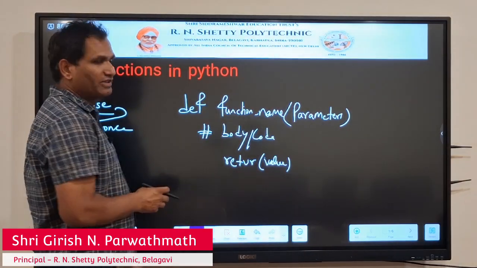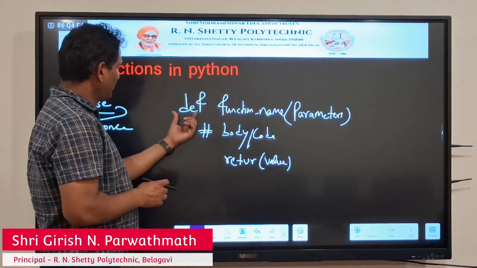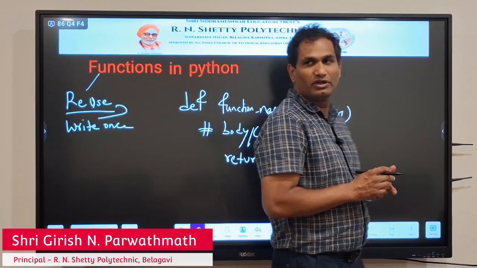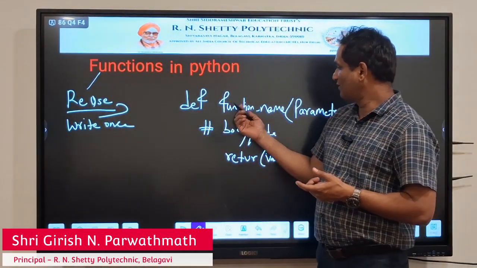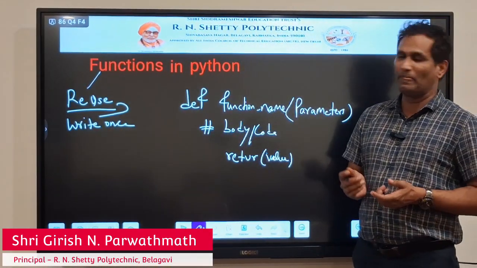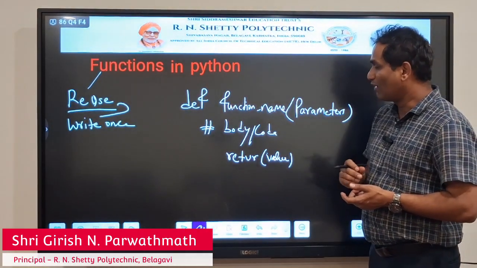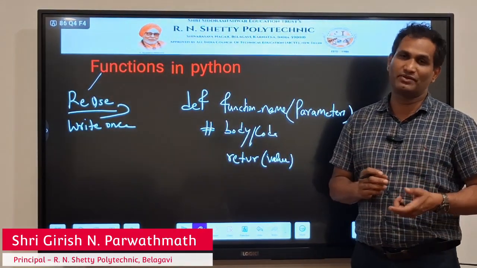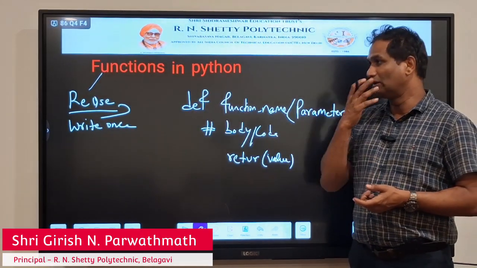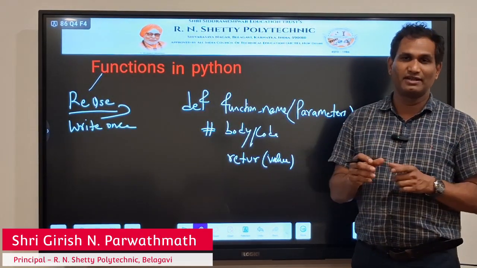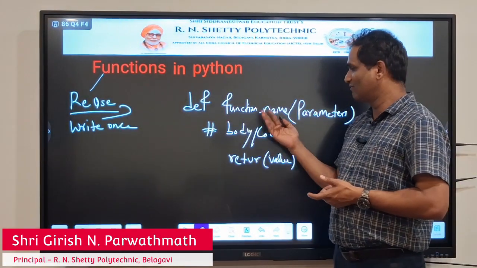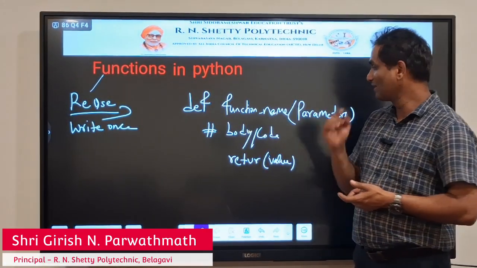So this is the basic syntax of the function, and here def is for defining. You need to define the function with def, and you can give the function any name. The only thing is, as we have rules for naming a variable, the name should not start with a number or have a blank space. The same rules apply when naming a function.